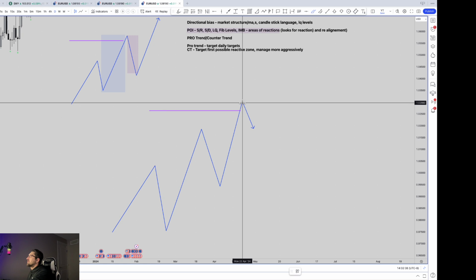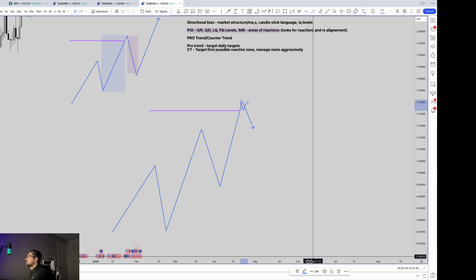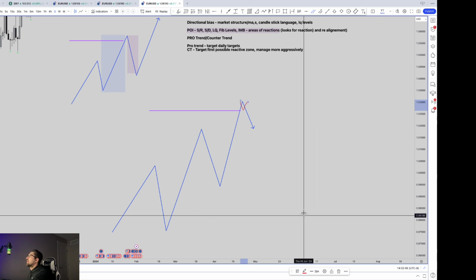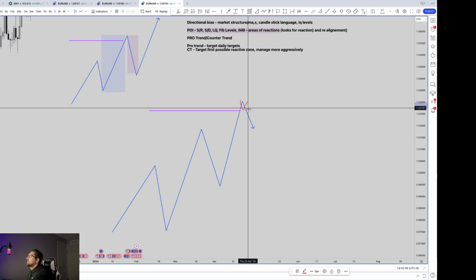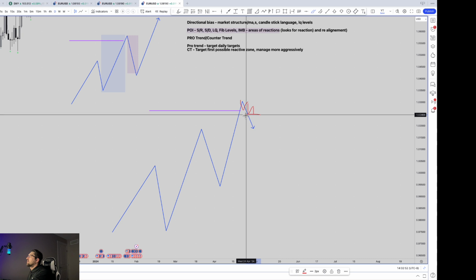On your medium time frame, you may say something along the lines of, I need maybe 2 breaks of structure before I am willing to sell.